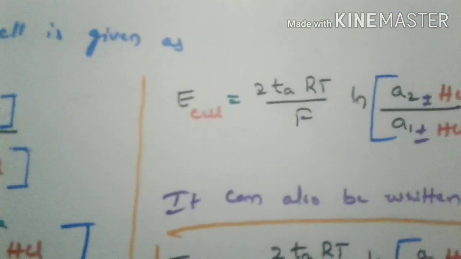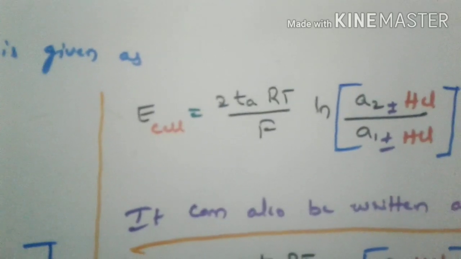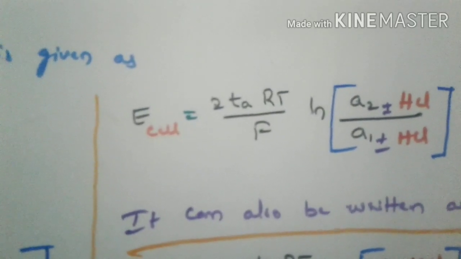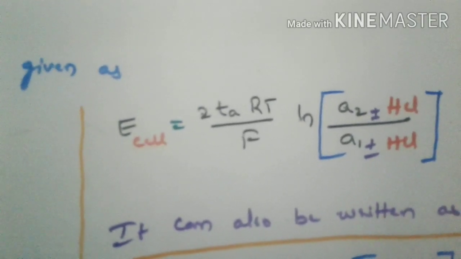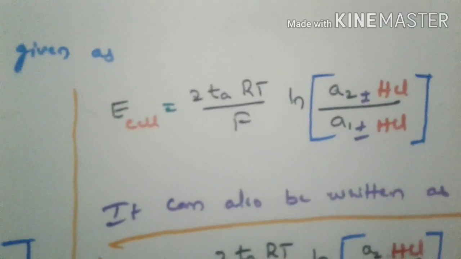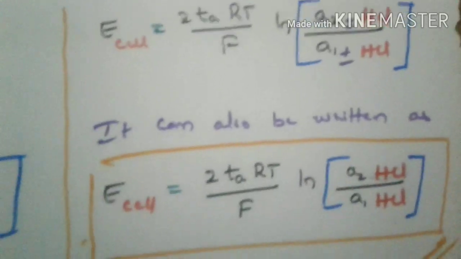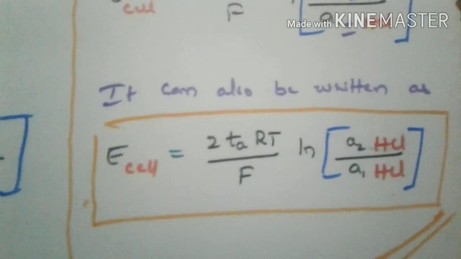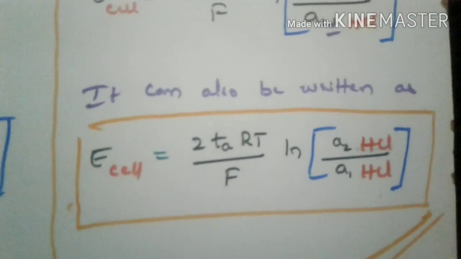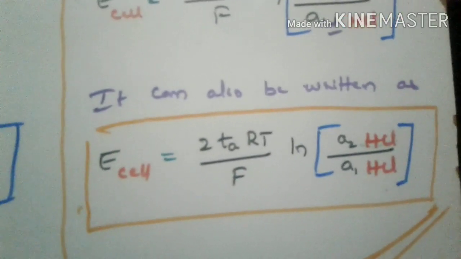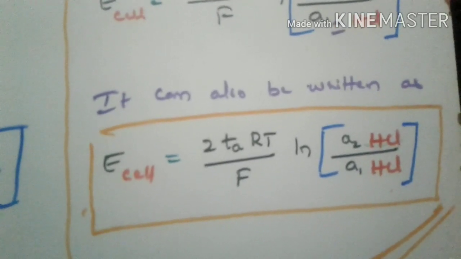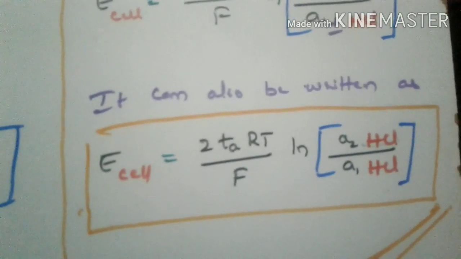Then if we reverse this, the sign changes to plus: E cell is equal to 2Ta RT by F ln of A2 plus or minus HCl by A1 plus or minus HCl. Then our final answer can be written as E cell is equal to 2Ta RT by F ln A2 HCl by A1 HCl. So this completes the concentration cells of all the types.